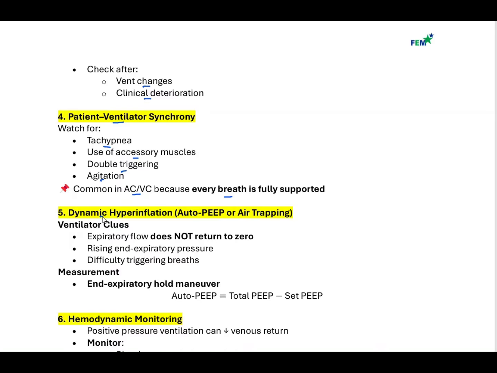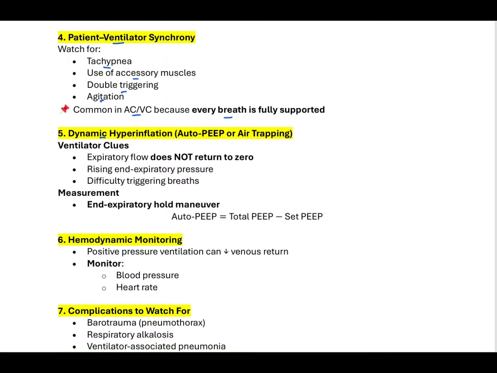The next thing is monitoring for dynamic hyperinflation, which is what we call auto-PEEP or air trapping. What are the clues on the ventilator that could tell you the patient is having or developing dynamic hyperinflation? If the expiratory flow does not return to zero, that could be a sign. Or if there's a rising end-expiratory pressure and difficulty triggering breaths, because if they have a lot of intrinsic PEEP, or auto-PEEP, that could make it very difficult for the patient to trigger breaths.